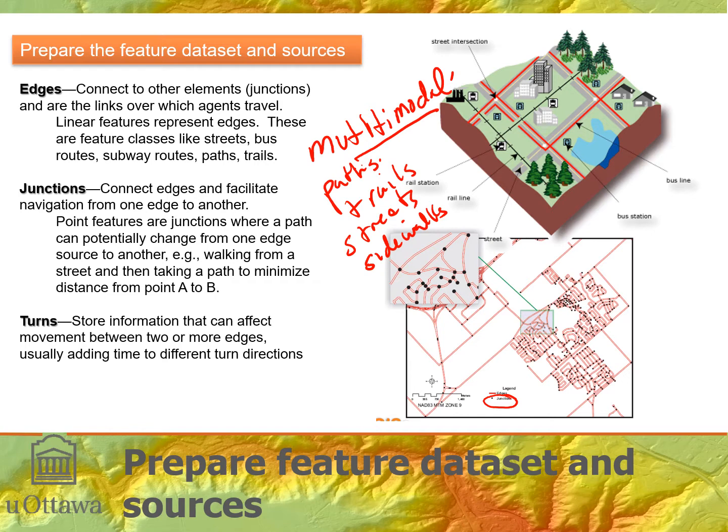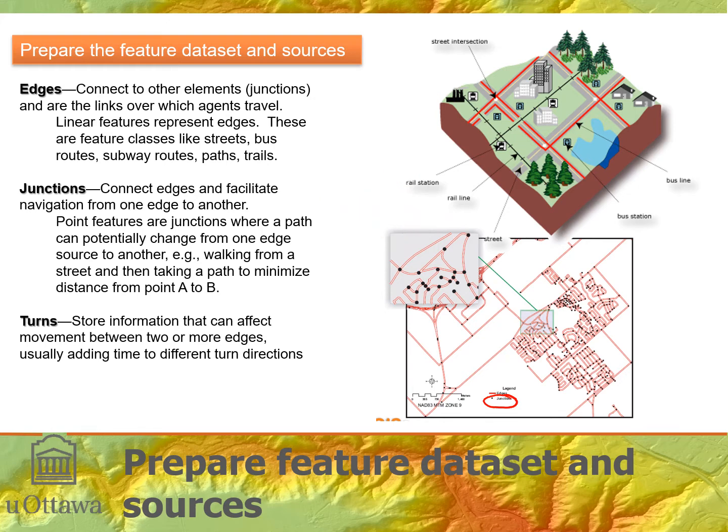And so junctions are very important in that context, and you need to consider that when creating a multimodal network. We will not be creating a multimodal network in this class. We'll just be using a straight single network edge source from streets.